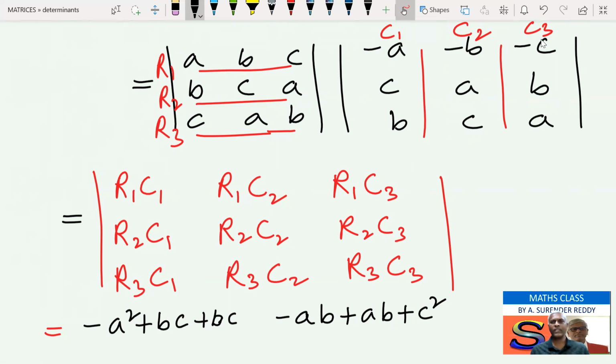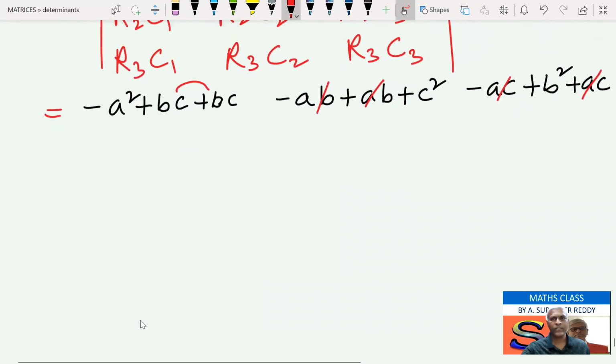Next R1 with C3: A into C, minus AC, B into B, plus B square, C into A, AC. Plus AB minus AB will get cancelled, minus AC plus AC will get cancelled. So this is 2BC minus A square.